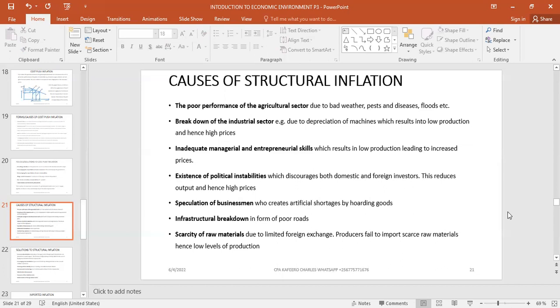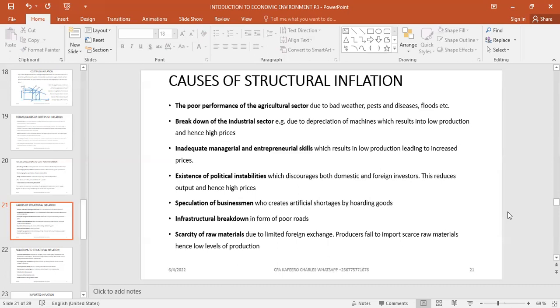Second last, we can talk about infrastructure breakdown, in the form of, let's say, poor roads. The roads are so poor that even the items we've produced, we can't transfer them to the people who demand them. That causes an increase in price in those areas which are hard to reach, which in the end leads to inflation.